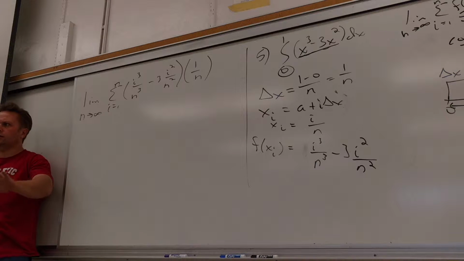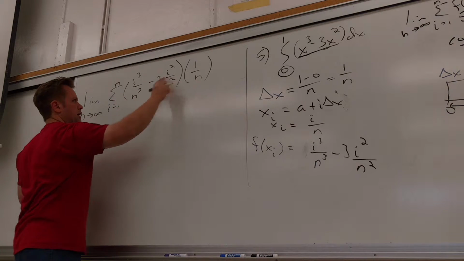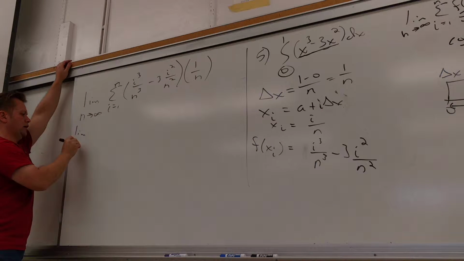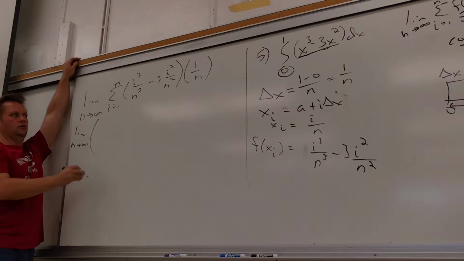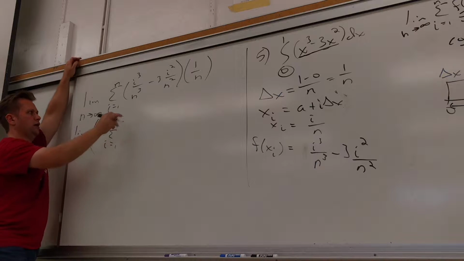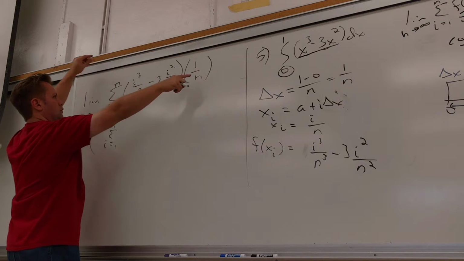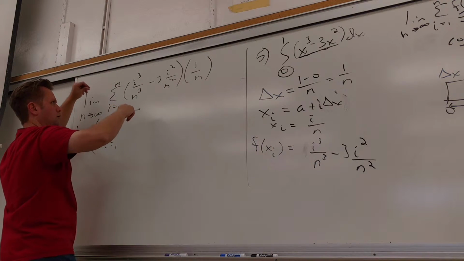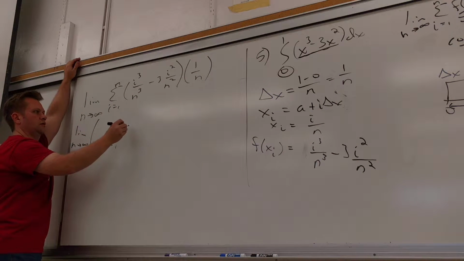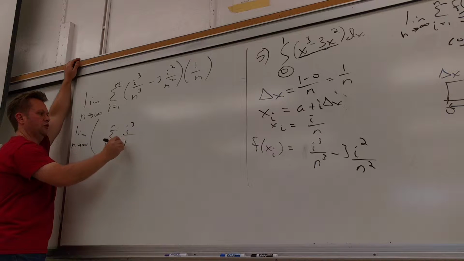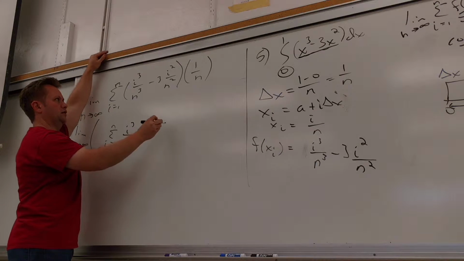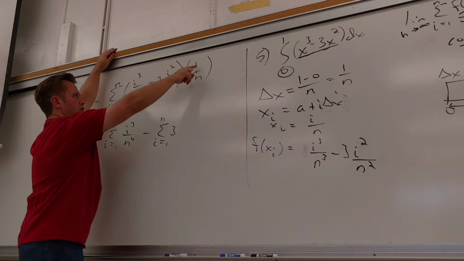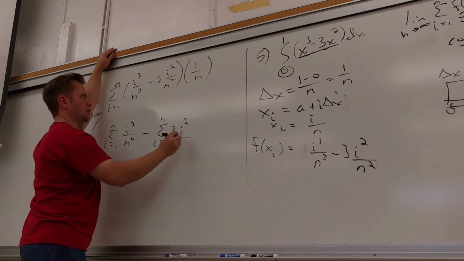Now, can we consolidate the next couple steps? I can bring that in and split up the sum. Is that cool? So keep the limit on the outside. This will be the sum from i equals 1 to n of i cubed over n to the fourth, minus the sum from i equals 1 to n of 3i squared over n cubed.